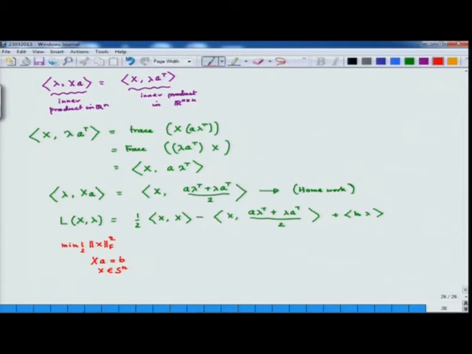Now, Sn is my whole space. Sn is the space of all symmetric matrices.